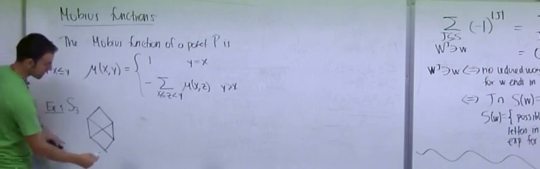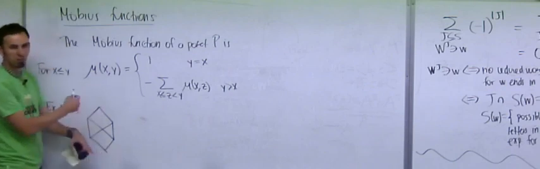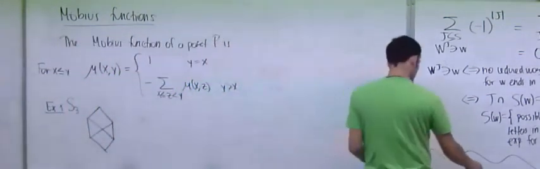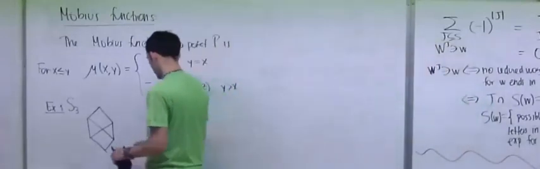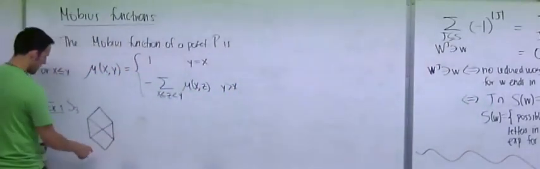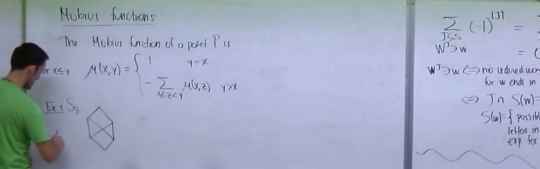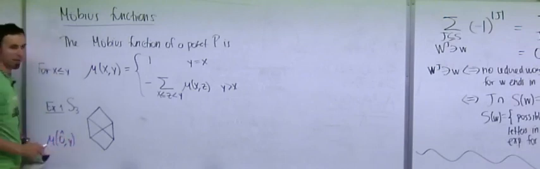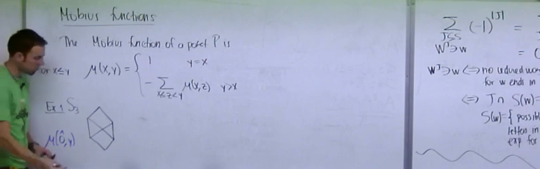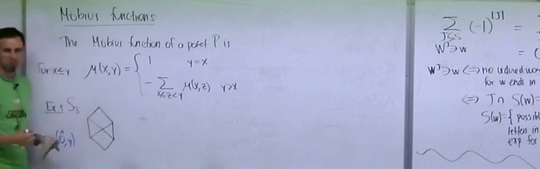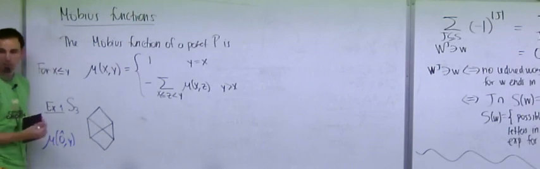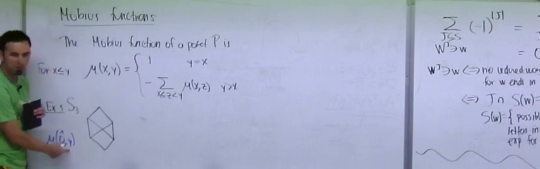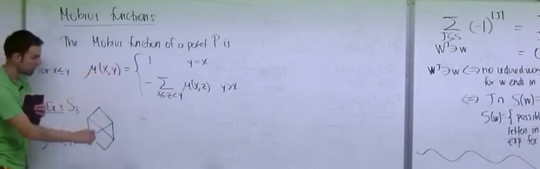For each pair where one element is smaller than the other, I'm supposed to give you a number. Let me just show you the numbers mu of bottom element comma y. So we're going to compute mu of bottom element comma something bigger than it. You do it recursively. You start by saying, what's mu of bottom element comma bottom element? It was 1.